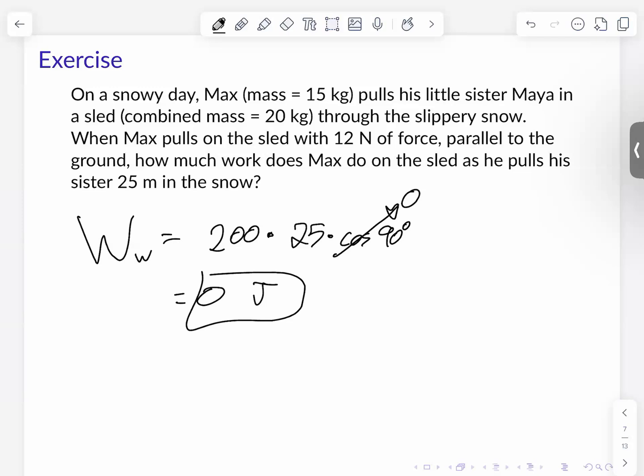Weight force is not 0. Weight force is 200 newtons. I said the answer is 0 because weight force is perpendicular to which way she moves.